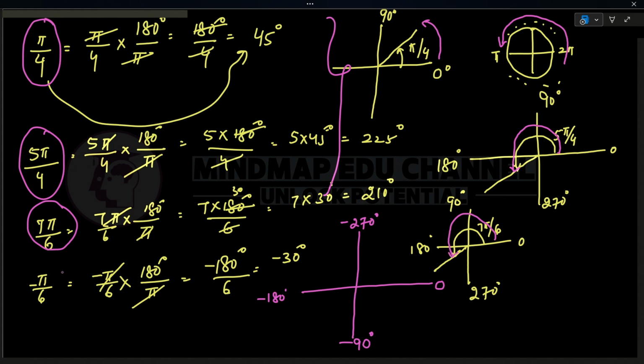But when it comes to a negative angle, then you have to move clockwise. Clear? Okay, let's mark −30. So, where will it be? After 0, −30 will be here and you will be marking like this, and this is −π/6.